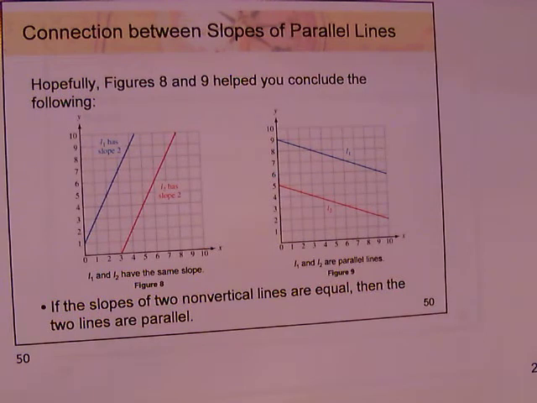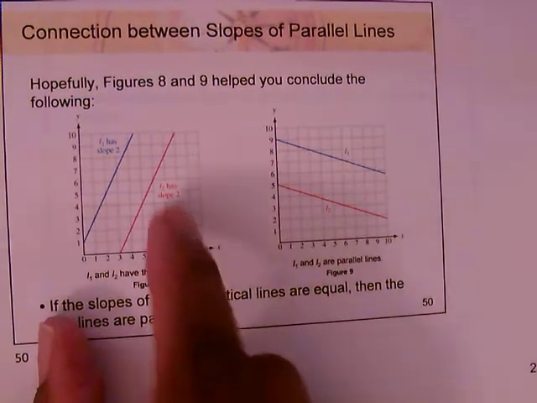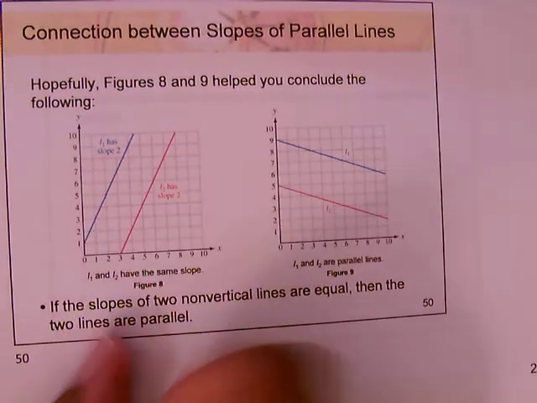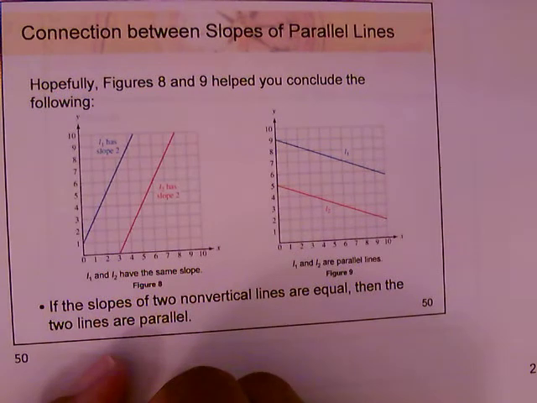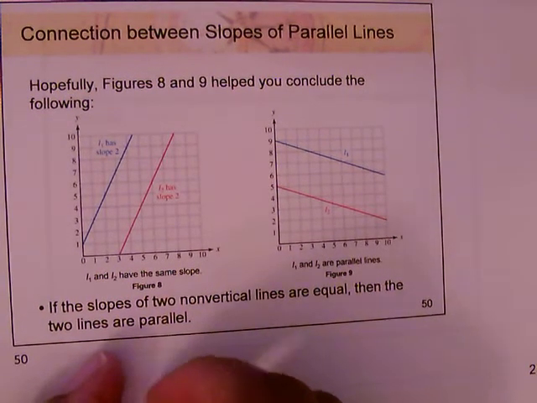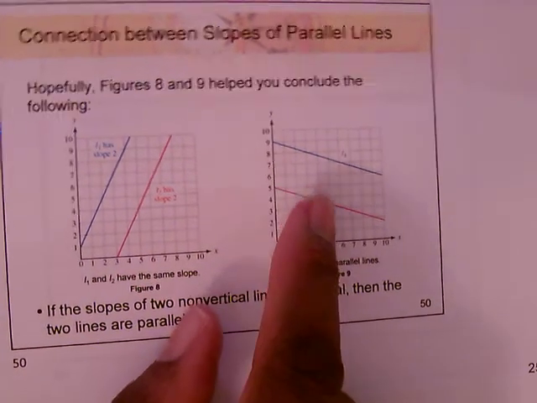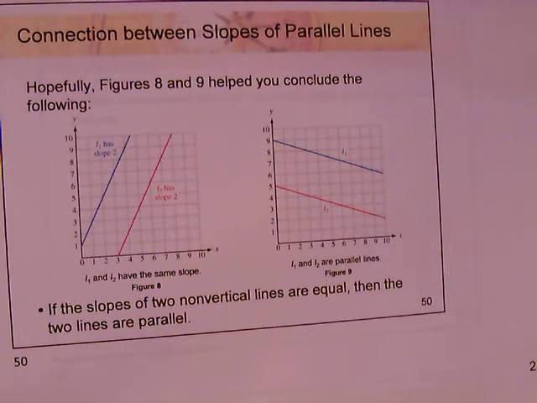Now, these two figures will help you conclude the following. The one on the left, we have L1 and L2. They both have a slope of 2. So that means L1 and L2 will have to be parallel lines. Those lines do not intersect.